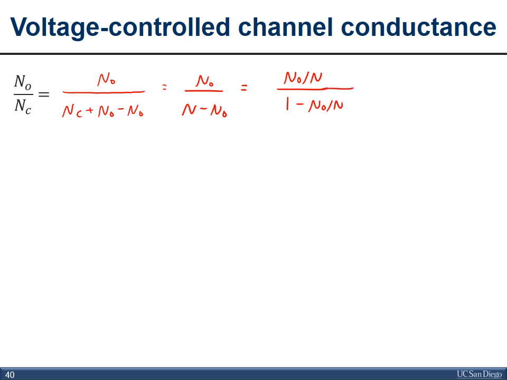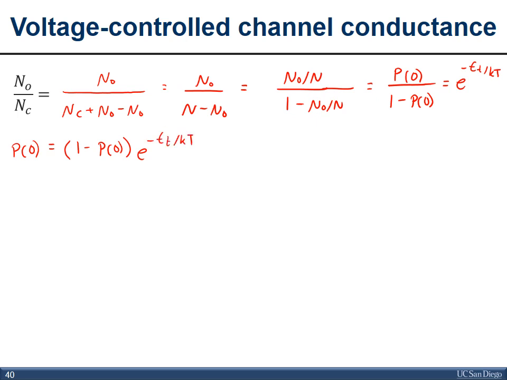So N_O over N is essentially the number of open ion channels divided by the total number of channels, which means this is the probability of having an open channel over 1 minus the probability of having an open channel, which is equal to the relation we had on the previous slide, e to the minus E sub t over kT. So P_O is equal to 1 minus P_O times e to the minus E sub t over kT.